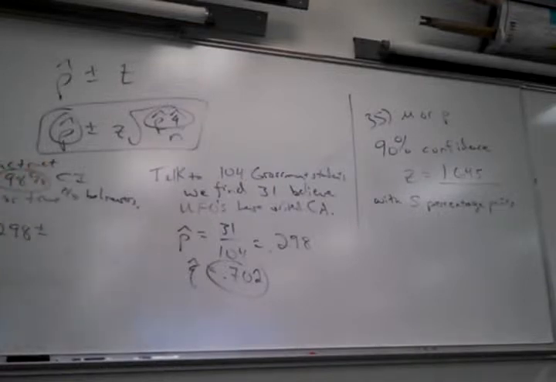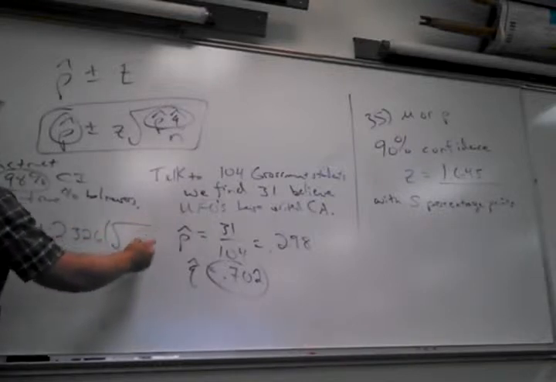What about for 98%? What's the z-score for that? What would alpha be? If 98% is here, what's outside? 2%, so alpha is 0.02, with 2 tails. The z-score is 2.326.